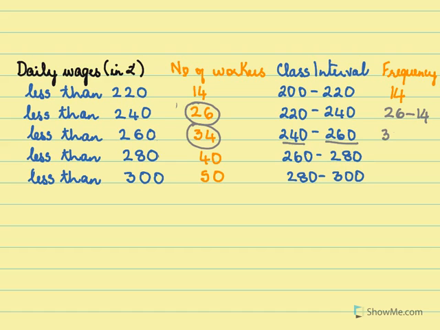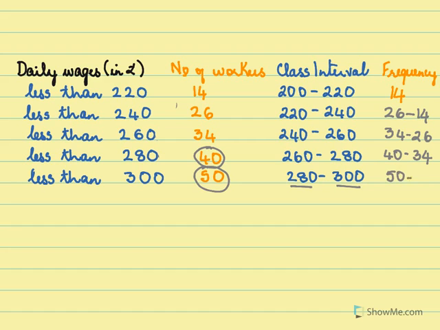Next, to subtract 240 and 260, so we have 240, 260. So that is 34 minus 26. Now for 260 to 280, we subtract, that is 40 minus 34. Next, 280 to 300, we subtract 50 minus 40.